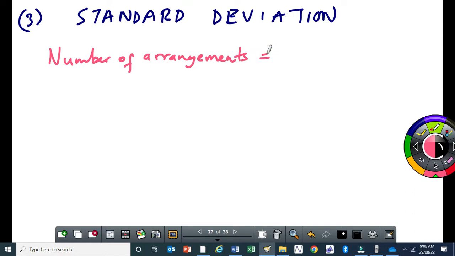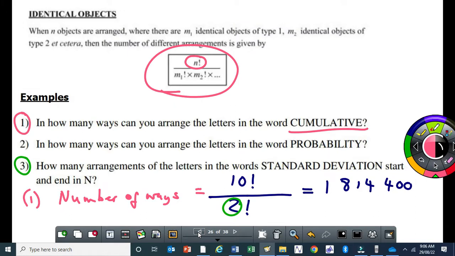If we are going to fix the first position and the last position, how many letters will be left?